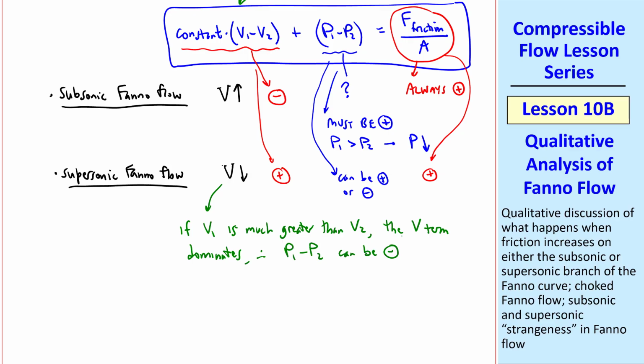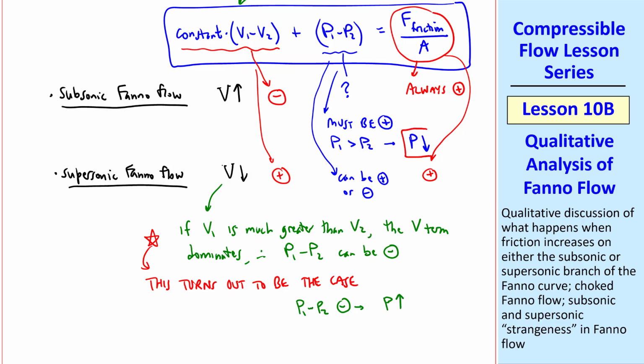Therefore, P1 minus P2 can be negative. But if V1 is not much greater than V2, then the pressure difference must be positive to keep this right-hand side positive. Well, the first case turns out to be the one that's correct. In other words, P1 minus P2 is negative, meaning that P1 is less than P2, or P goes up.